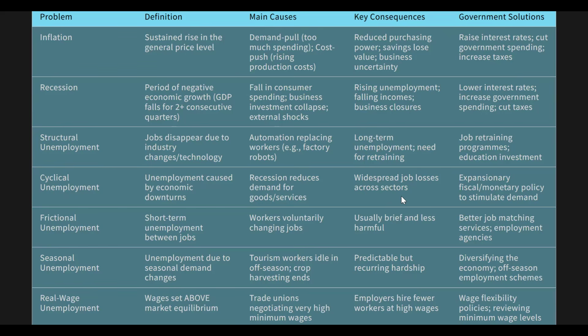So to fix that, you try to diversify the economy so that even when it's an off season, persons are still able to find jobs.